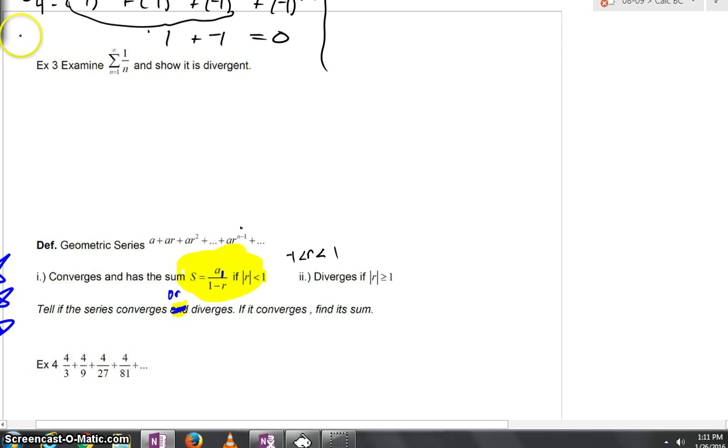Well, for example 3, put some stars right here. This is the harmonic series. The harmonic series is one of the most famous series that you're ever going to study. There will come a point in this unit when we are going to refer to the harmonic series on a daily basis.